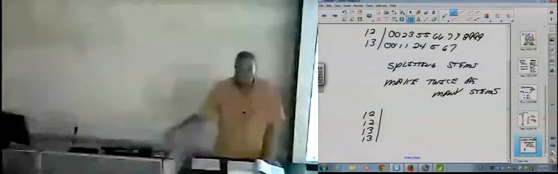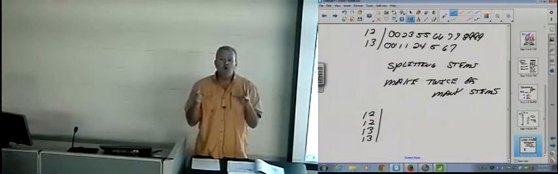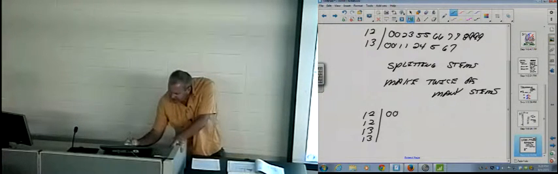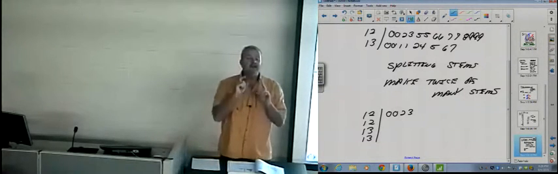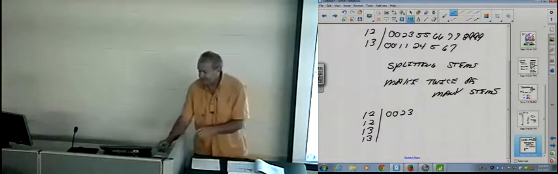Now, you see that first 12? You take all the leaves that are digits 0 through 4 and you put them on that one. In other words, 0, 0, 2, 3. You see the second 12? You take all the leaves on that first 12 that are the digits 5 through 9.